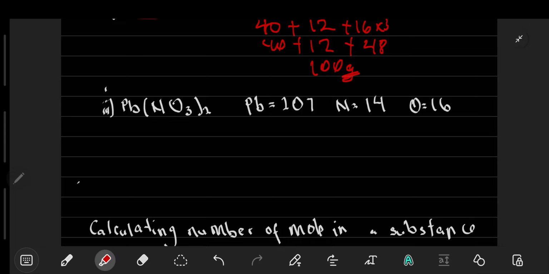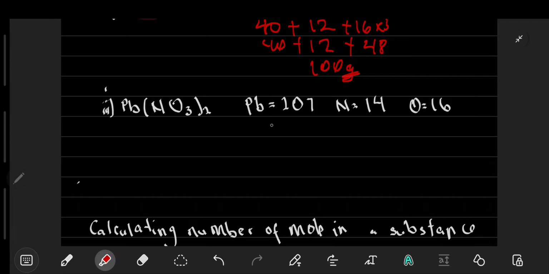Okay, so we have to find the molar mass for lead 2 trioxonitrate 5. Lead has its unit mass to be 207, nitrogen is 14 and oxygen is 16.